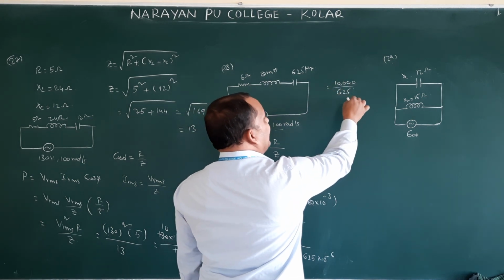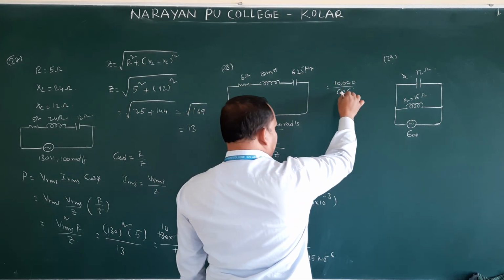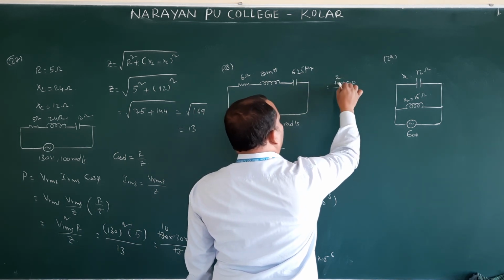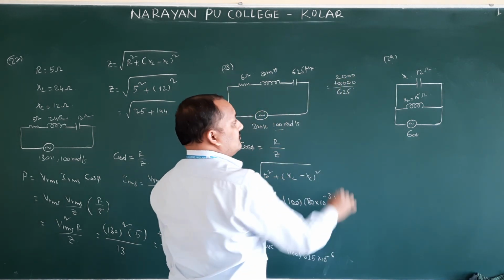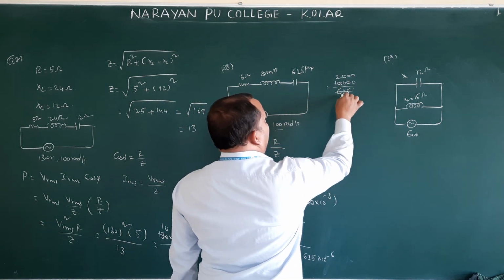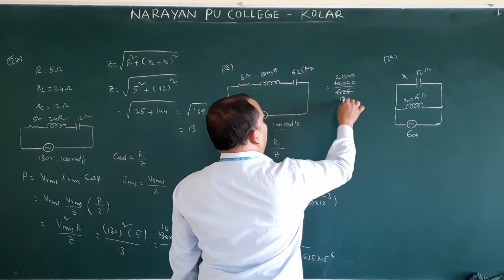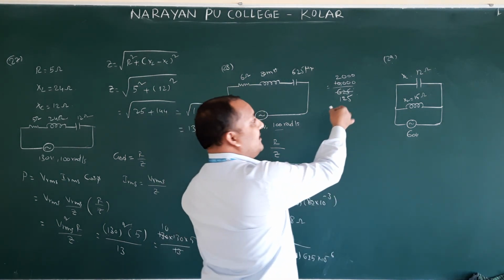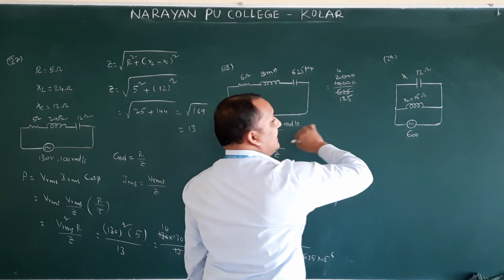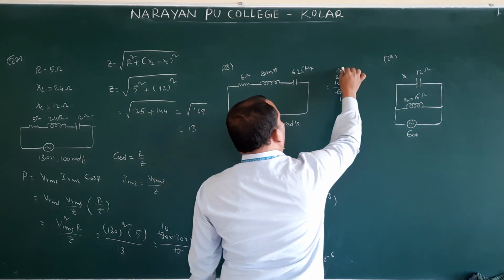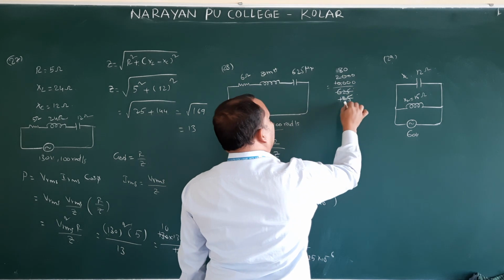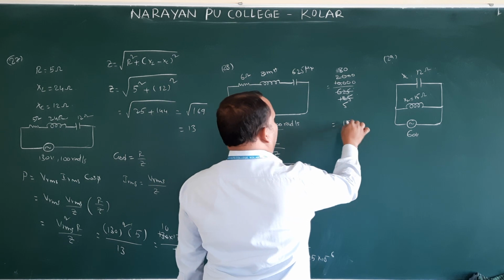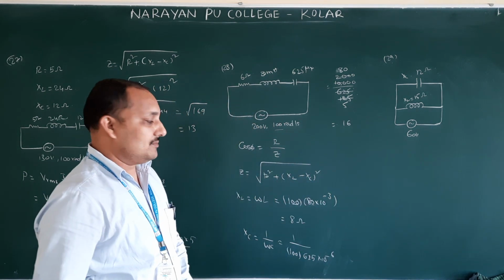How easily you are getting it, you can check once. 25 is up, otherwise 5 only you can check. 4 25s are 100, 8 25s are 200. So 80 by 5 means 16 ohms. Correct?